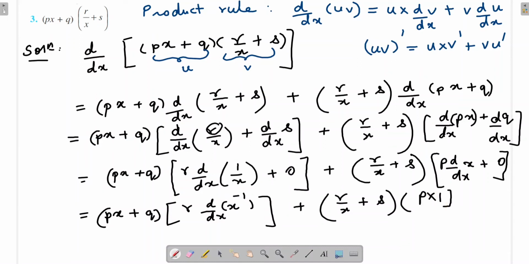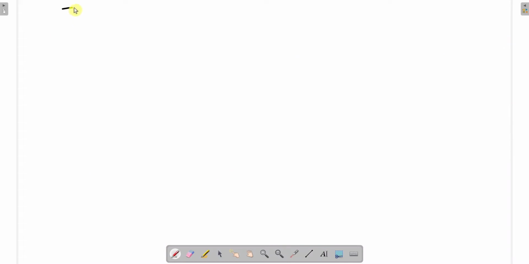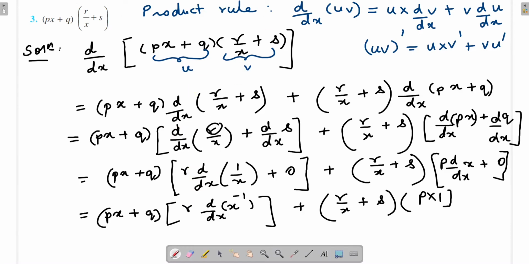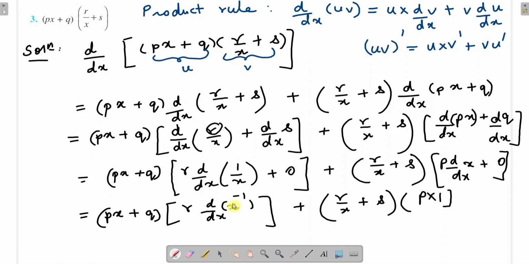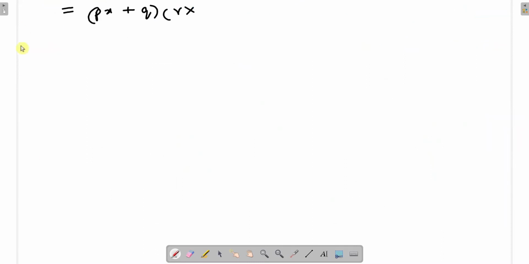So now what you will get, this is equal to px plus q, and then r times the derivative of x raised to minus 1. So we have to use the formula for the derivative of x raised to n, where n is any integer. What is the formula? n x raised to n minus 1.